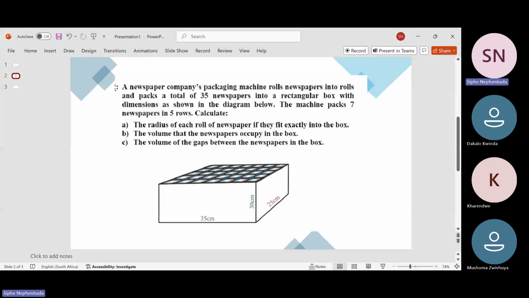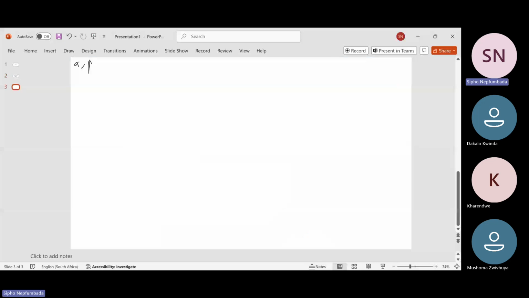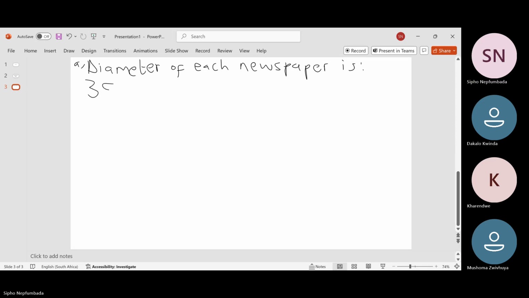So therefore, the diameter of each newspaper is 35 divided by 7. Then we get what? 5. We get 5 centimeters.